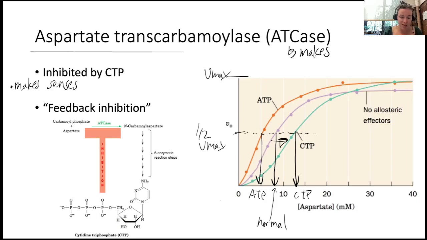So it makes sense for CTP to inhibit this enzyme because the whole point of this enzyme is eventually to make pyrimidines, one of which is CTP. If we have enough CTP, do we need to make any more? No. So this type of feedback inhibition helps maintain appropriate levels of CTP. And once we've made enough, we don't need to make any more.